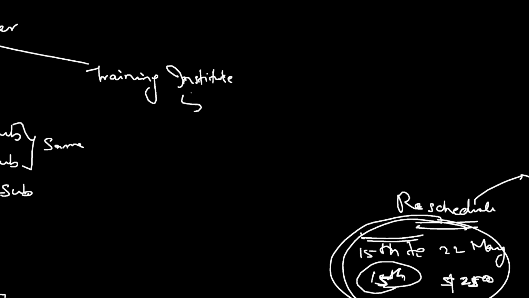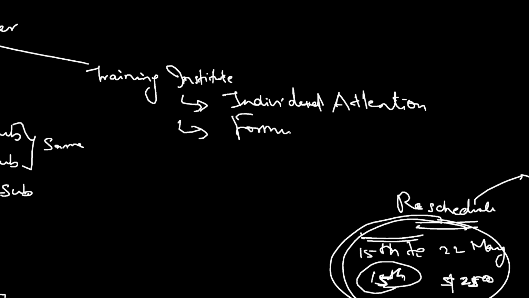From the training institute point of view, you will get individual attention and formula derivation. You will not be asked to mug up the formula without logic; all formulas will be derived. The intuition will be told to you, like why you are supposed to use these formulas.